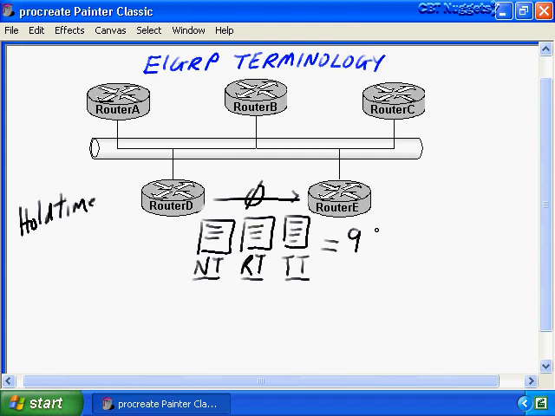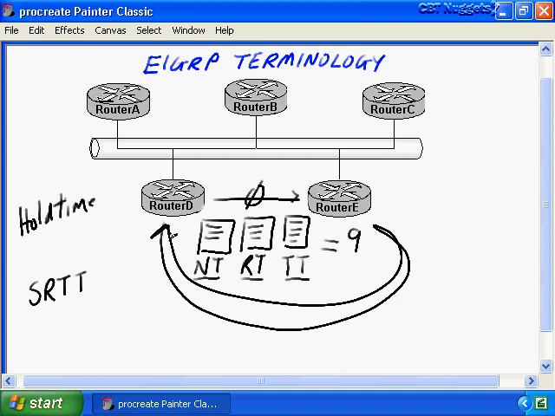Okay, a couple of other timers. You've got what's called the SRTT, and that is the smooth round trip time. The SRTT is the amount of time it takes in milliseconds to transmit a packet reliably to a neighbor and to receive from that neighbor the response as an acknowledgement. So that's the smooth round trip time.